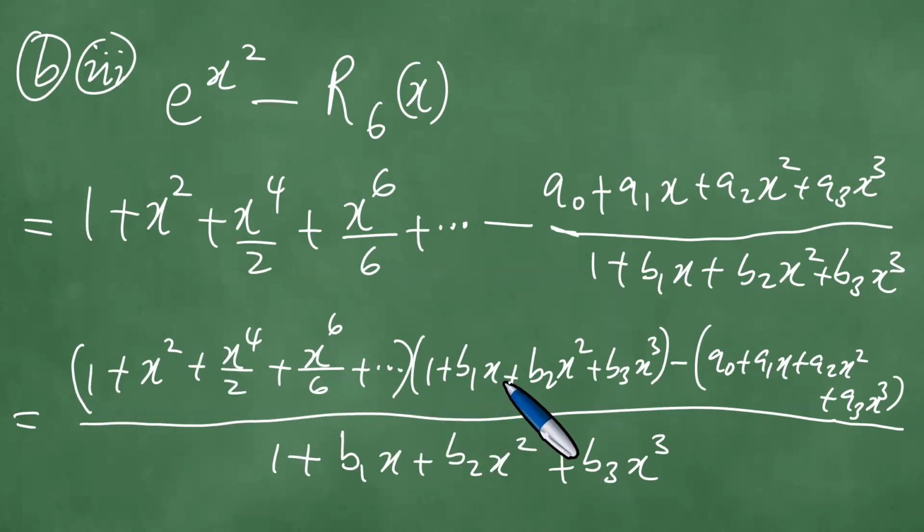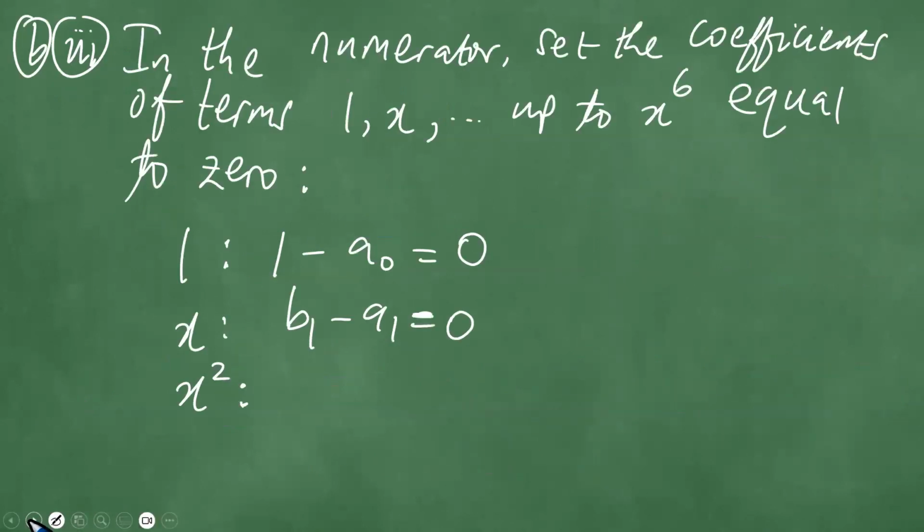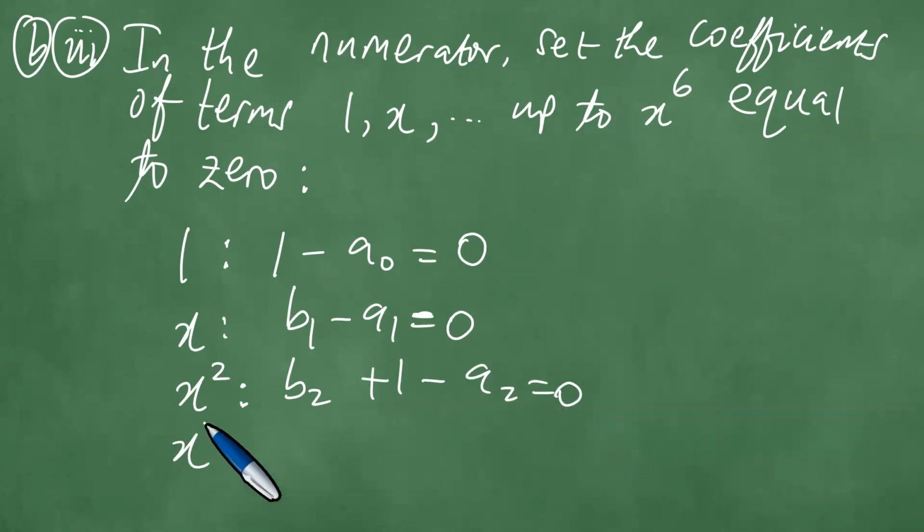So which means that you're going to have the b2 and also the 1. And then also there's going to be minus a2 x squared. So for the x squared, you're going to have b2 plus 1 minus a2 equals 0. X cubed.